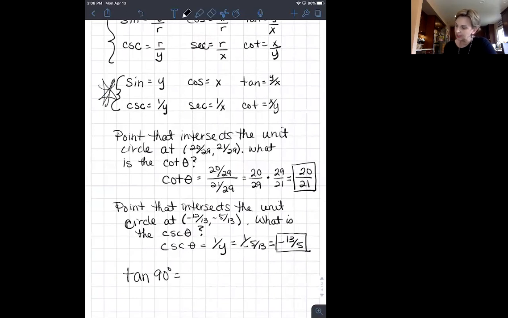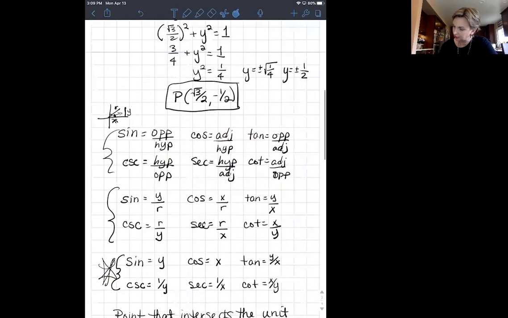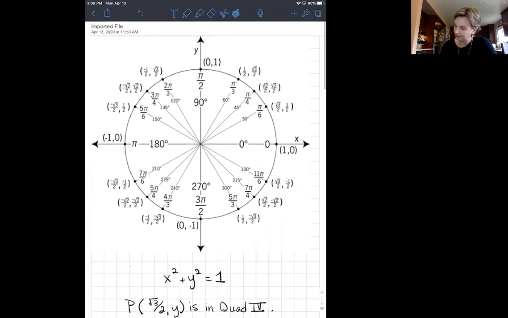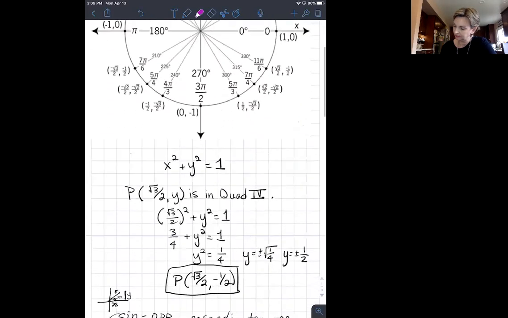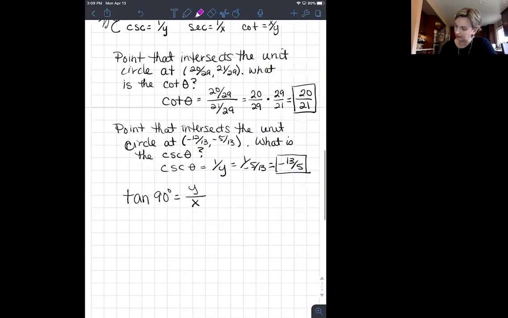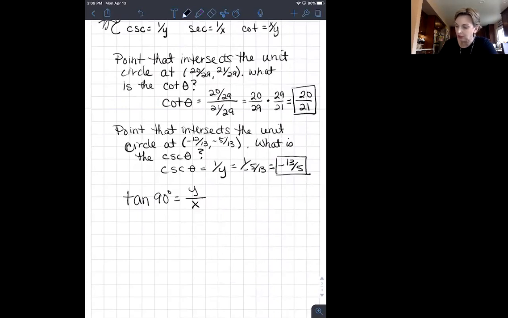Tangent is y/x. Let's take a look at my unit circle. I'm going to come back up here to 90 degrees. At 90 degrees, my x is 0 and my y is 1.